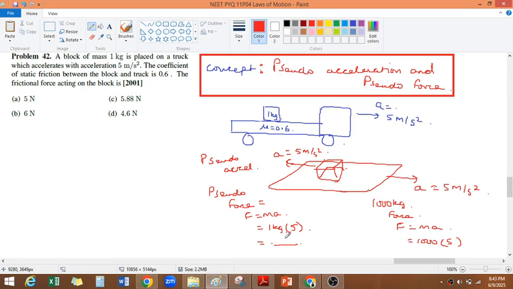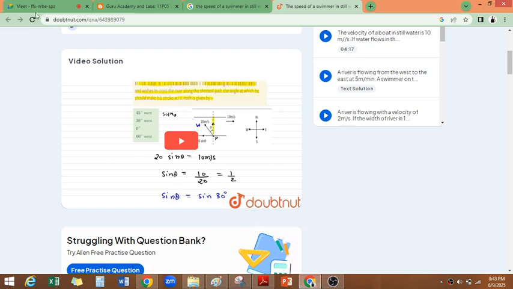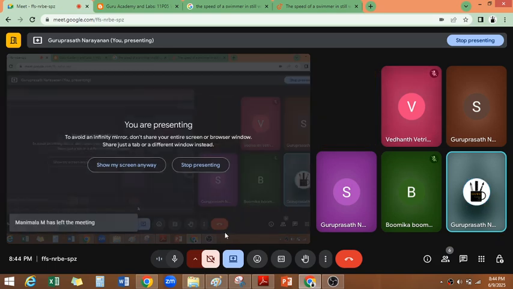Any confusion so far? Let me say that one more time. Pseudo acceleration is equal and opposite. Pseudo force is not equal and opposite. Did you understand? Yes, sir. Others, are you following? Any doubts so far?